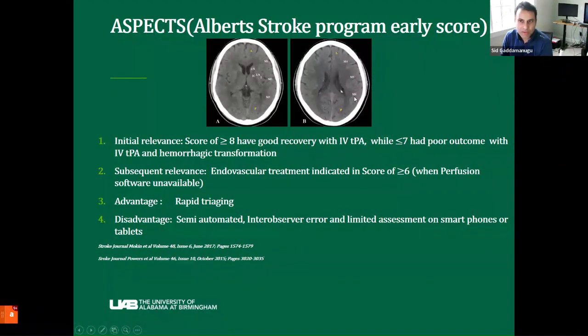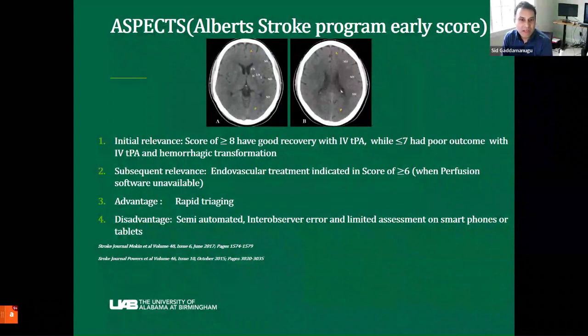So we have a total of 10 normal zones. If there's a hypodensity involving any particular zone, we subtract 1 point. The initial relevance was that if the ASPECT score was more than 8, we had a great recovery with IV-tPA, while a score of less than 7 had poor outcome with IV-tPA and hemorrhagic transformation.